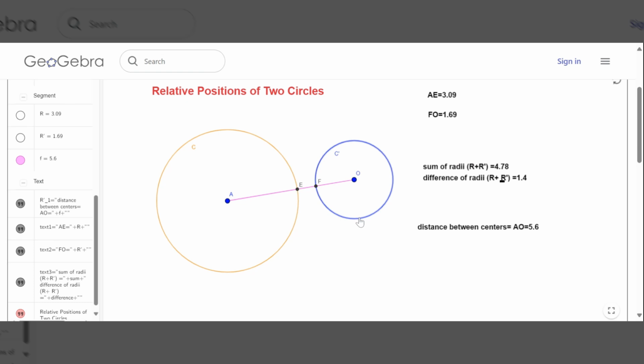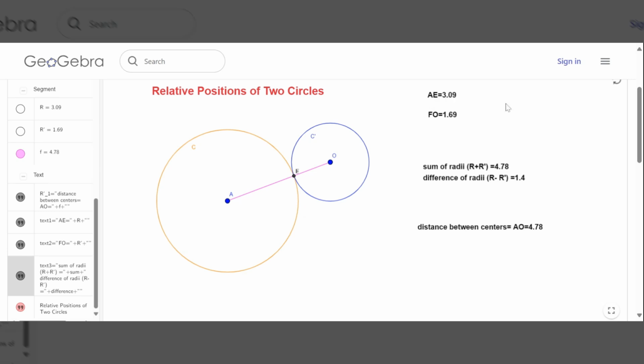Any two circles could be disjoint, externally, or internally. Any two circles could be tangent externally or tangent internally. And the final case, any two circles could be what? Secant circles.